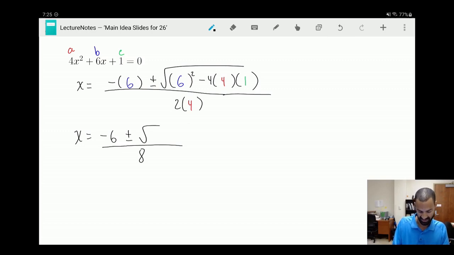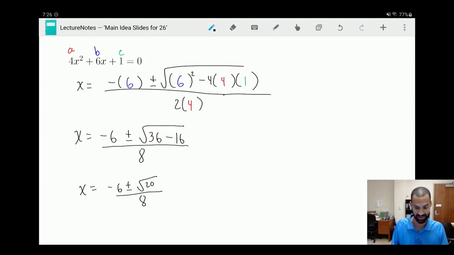All right, let's see. 6 squared is 36. And 4 times 4 is 16, times 1 is 16. So that's going to be under the square root. And 36 minus 16 is 20. So negative 6 plus or minus the square root of 20 over 8.